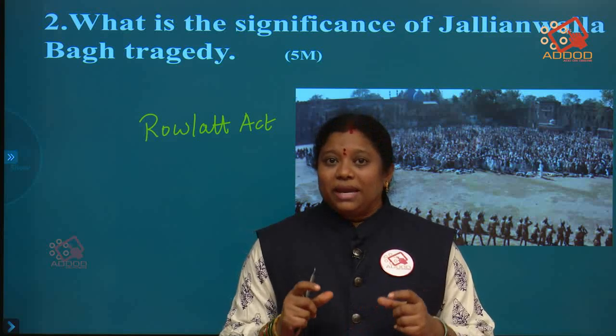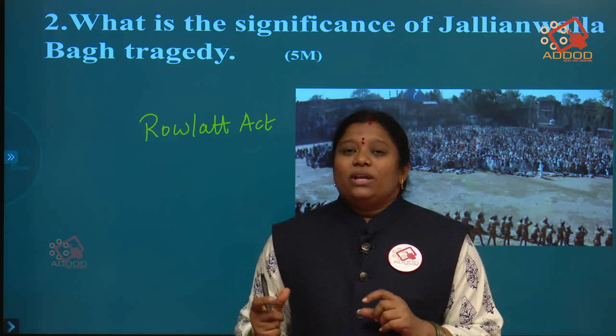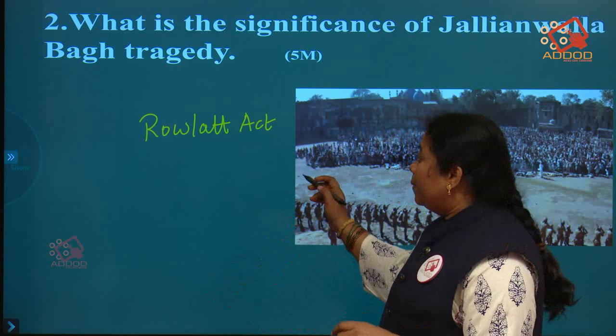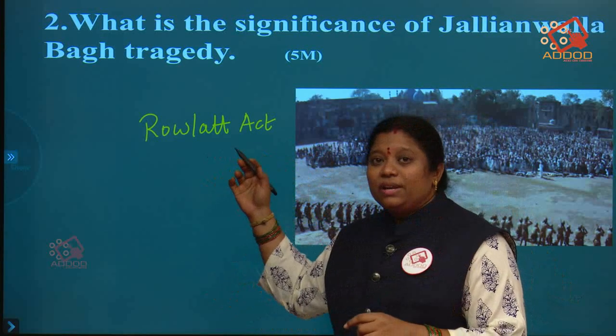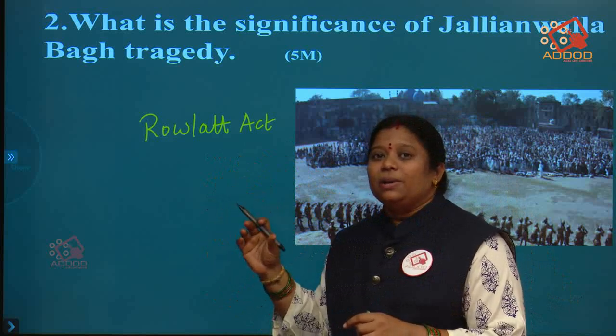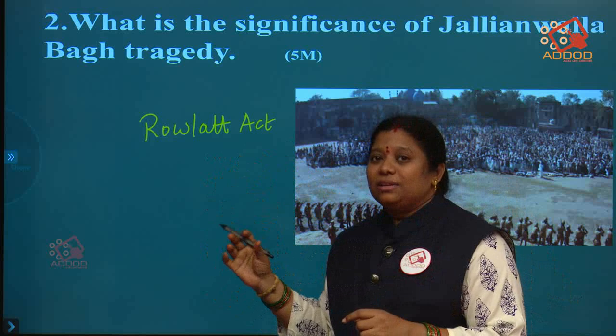So this was the main theme of the Rowlatt Act. Against this Act, the people started making movements. Even Gandhiji gave a call for a nationwide movement in a peaceful manner, in the Satyagraha way.